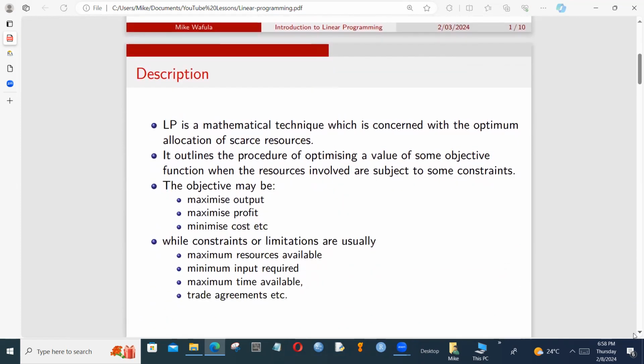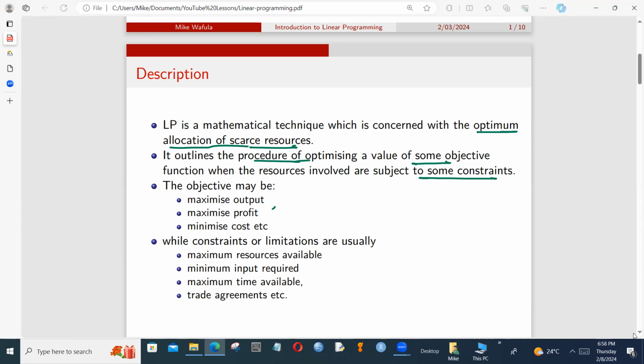Now, linear programming is a mathematical technique which is concerned with the optimum allocation of scarce resources. It outlines the procedure of optimizing a given value that we call an objective function when the resources involved are subject to some constraints.